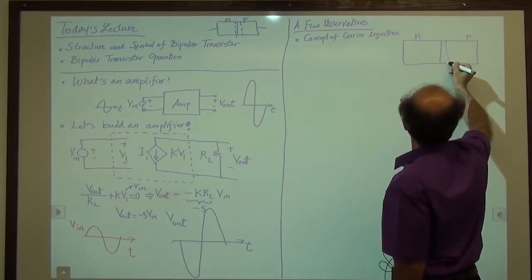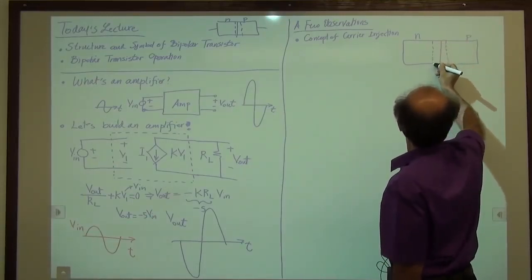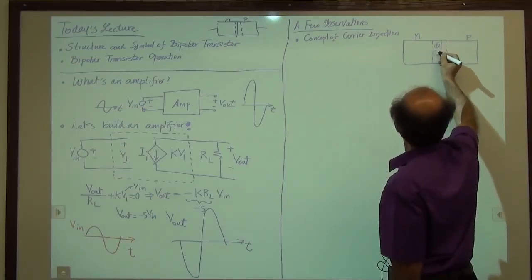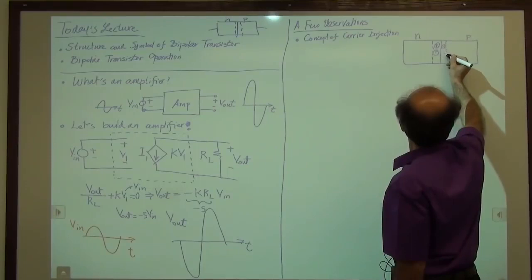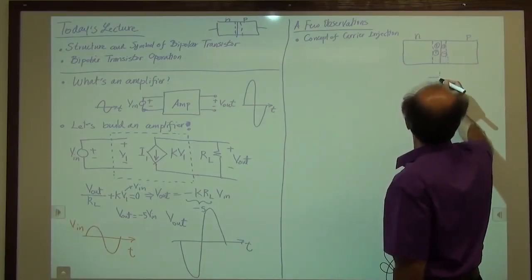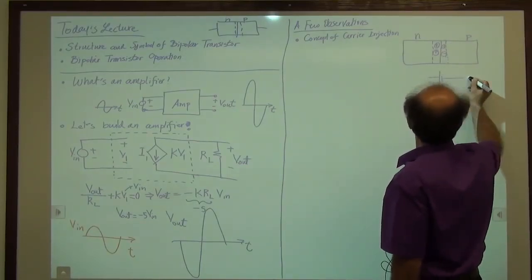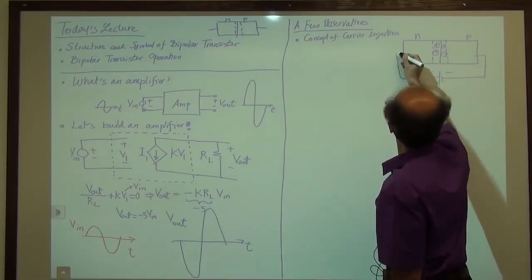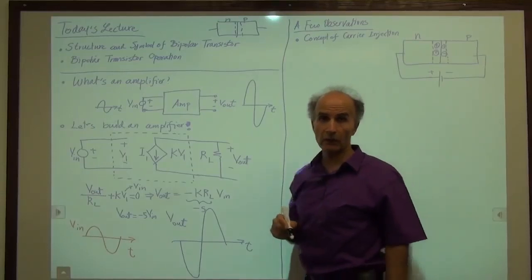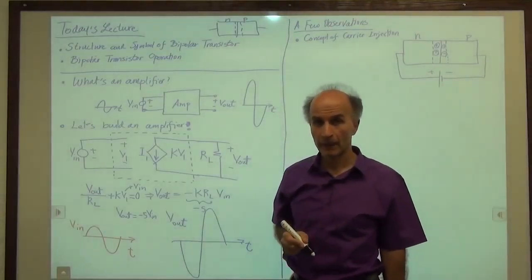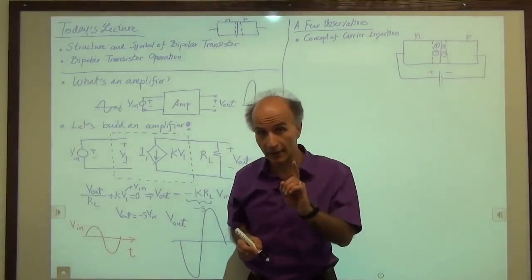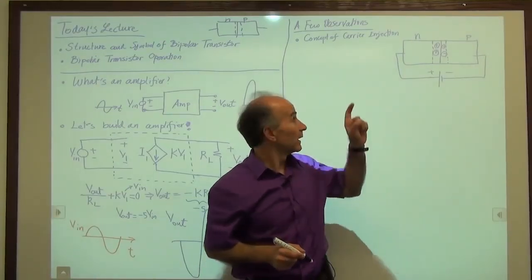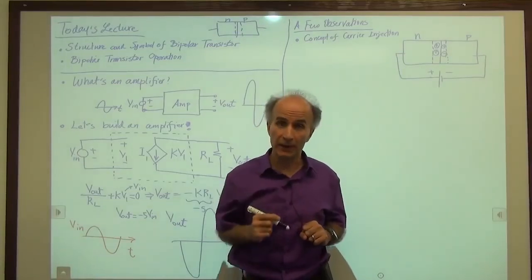We have a depletion region here. So we have some positive ions on this side, some negative ions on this side. We have a battery to give us the reverse bias. So positive on the left, negative on the right. So that's a reverse biased p-n junction. Now, let's say that magically we can inject electrons into the structure from outside.